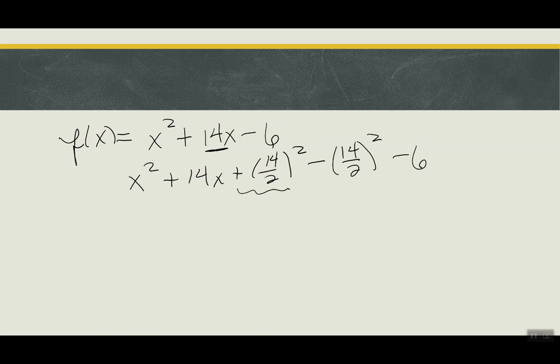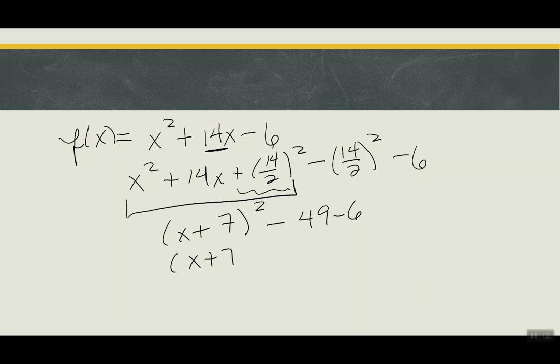And I still have the minus 6. So 14 over 2 squared add, 14 over 2 squared subtract, everything else stays the same. Now let's group it. So let's group x squared, 14x, and 14 over 2. That's x plus 14 over 2 is 7, and I square it. Then 14 over 2 is 7, I square it, that's 49 minus 6. Now I have x plus 7 squared, 49 minus 6, that's 55.